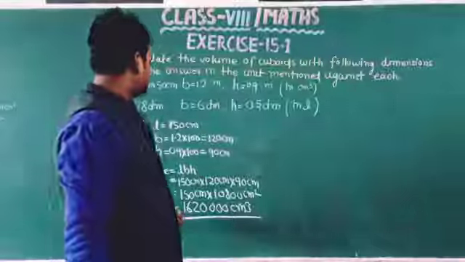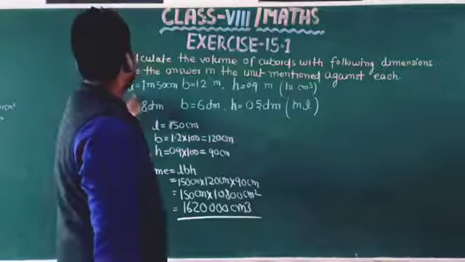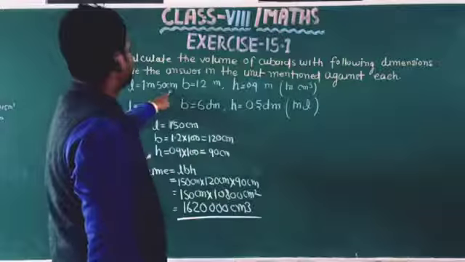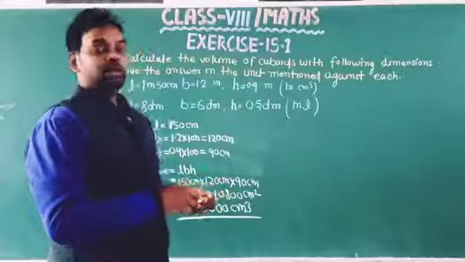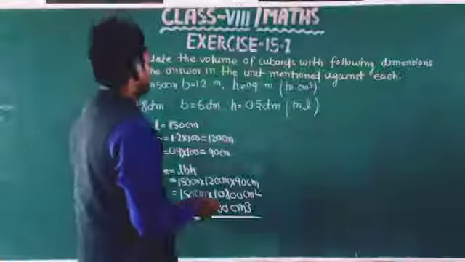So this is the volume of the cuboid whose length is 1 meter 50 centimeter, breadth is 1.2 meter, and height is 0.9 meter. Further move to the third part.